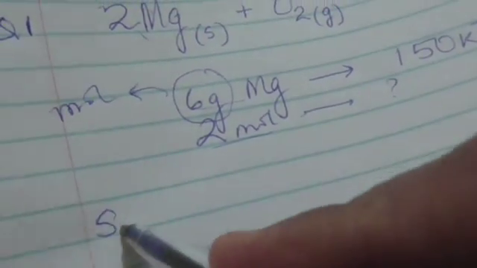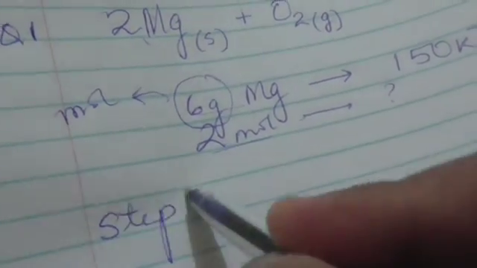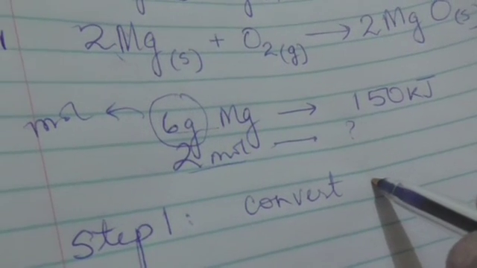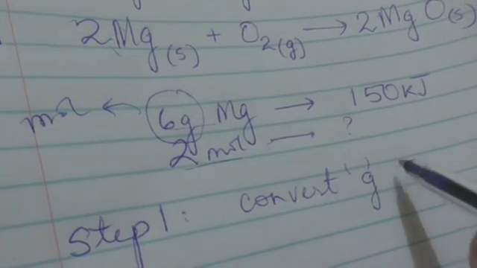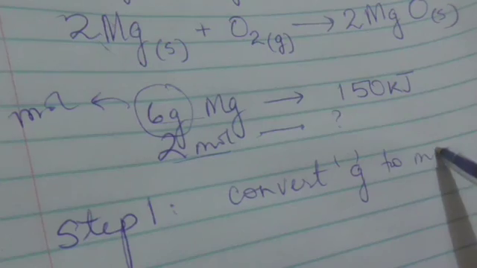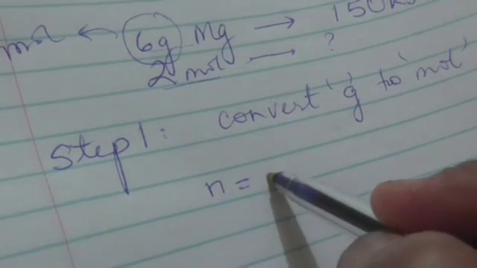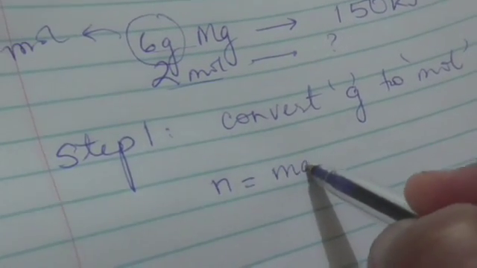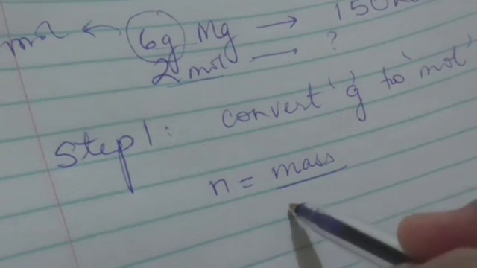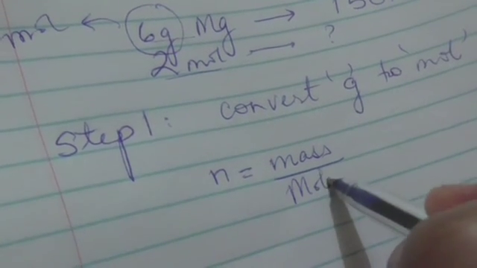Alright, so your step one would be to convert gram to mole. How do you do that? You remember your equation: n, which is the number of moles, is mass divided by molar mass of the substance.